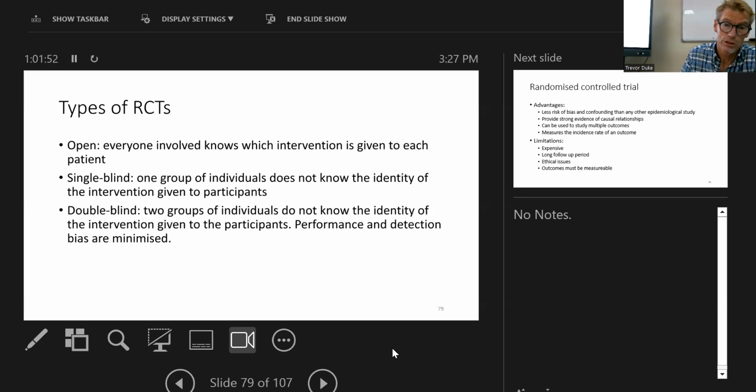And then there's a double blind trial where neither the people receiving the intervention nor the people administering the intervention nor the people assessing the outcome actually know which group the patients were in, for example, right? And the gold standard is a double blind trial where nobody knows until it's unmasked at the end, right?